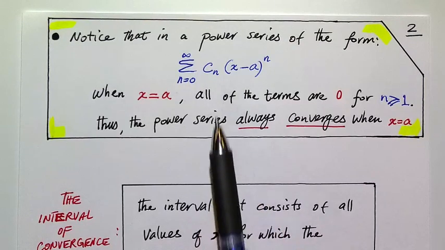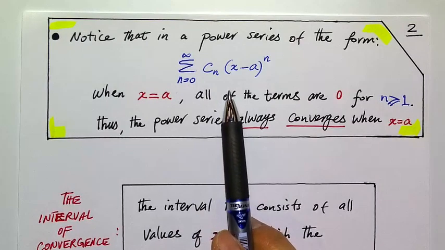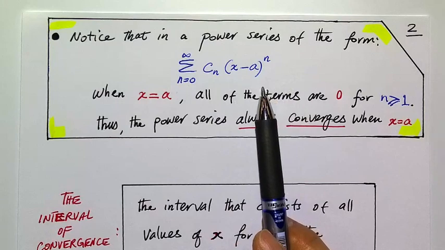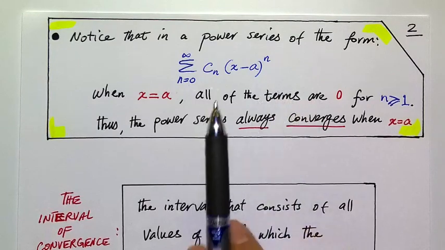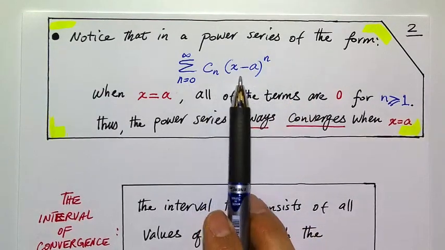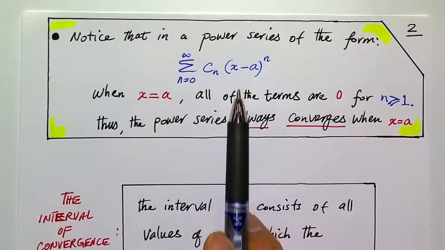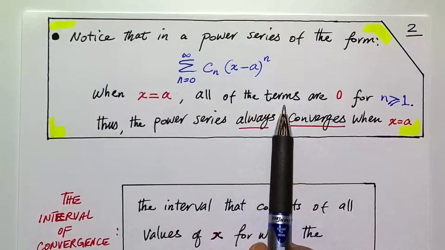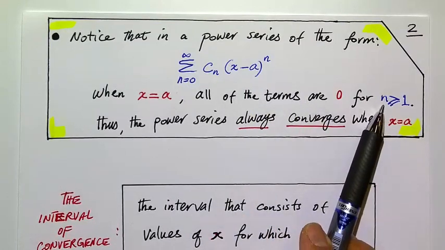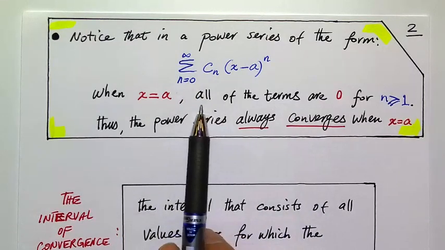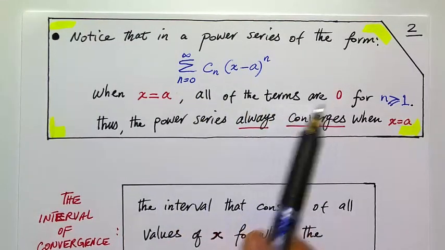When we were taking the limits of functions, we considered 0 to the 0 power an indeterminate case, in which case we applied L'Hopital's rule. But in the discussion about series, 0 to the 0 power is taken to be equal to 1. Please remember that, as we mentioned before. So for n values equal to or greater than 1, not for n equals 0, all terms of the series are equal to 0.